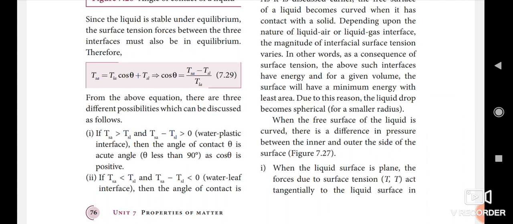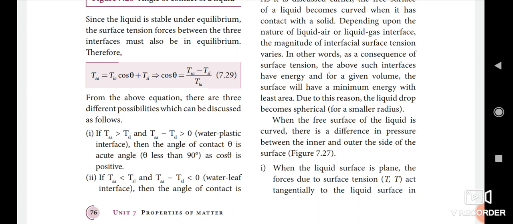Here the liquid is in stable equilibrium, so the interfaces are also in equilibrium. That means TSA is equal to TLA cos theta plus TSL. We have to find only the cos theta value, so cos theta is equal to (TSA minus TSL) upon TLA.